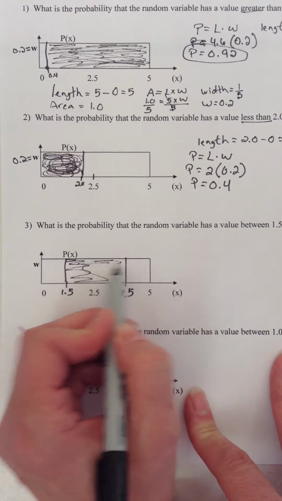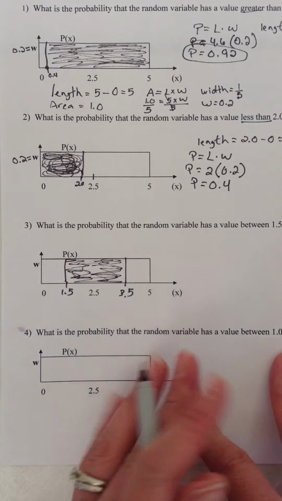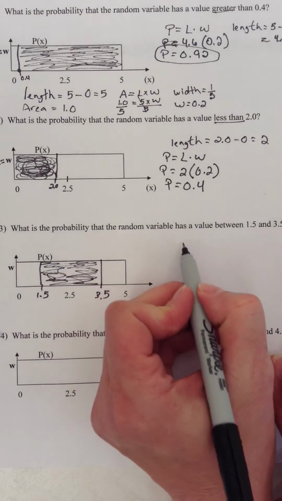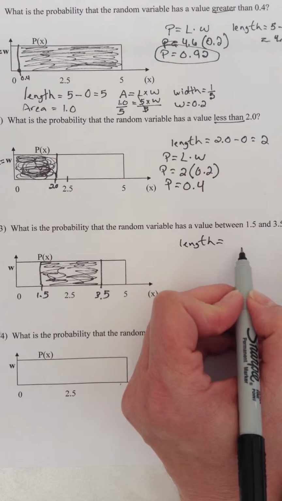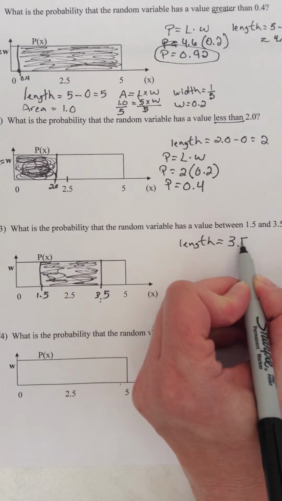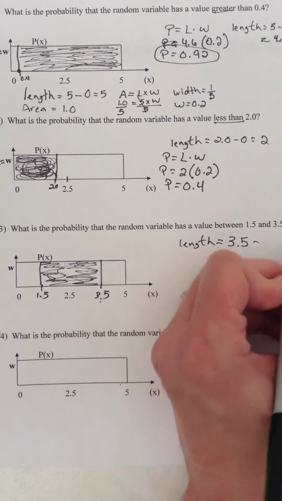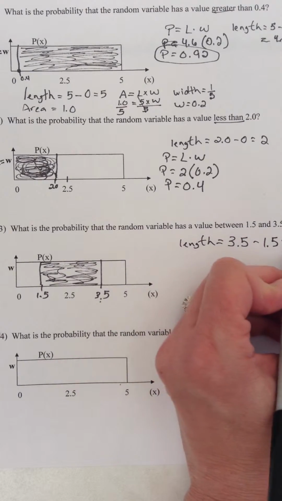So I shade in this region so I give myself a visual of what I'm working with. So again, start with your length. The length of the section that I'm interested in is going to be the highest value, 3.5, minus the lowest value, 1.5. And again, in this case, the length is 2.